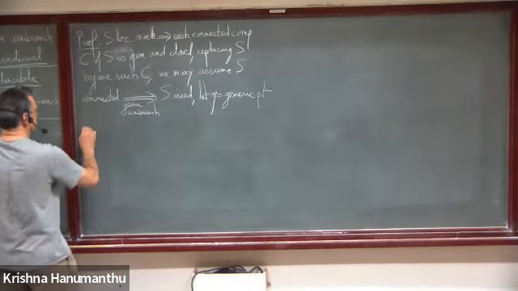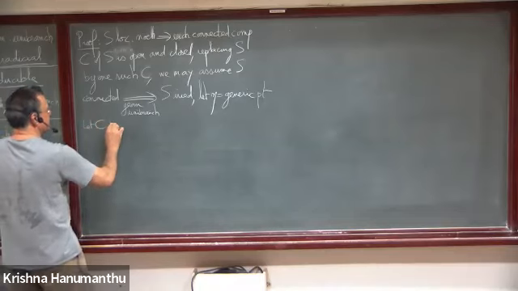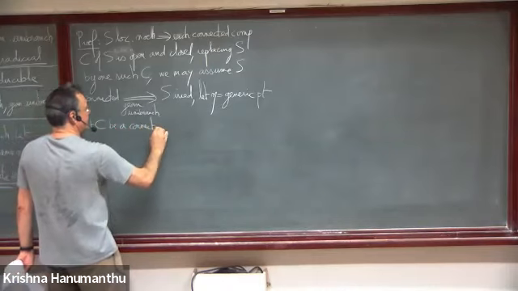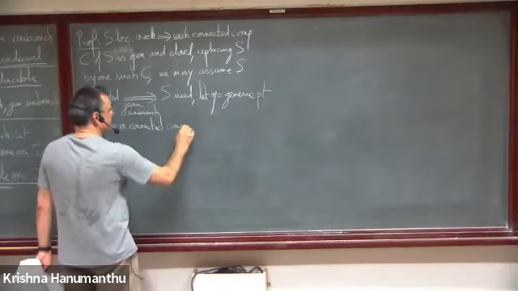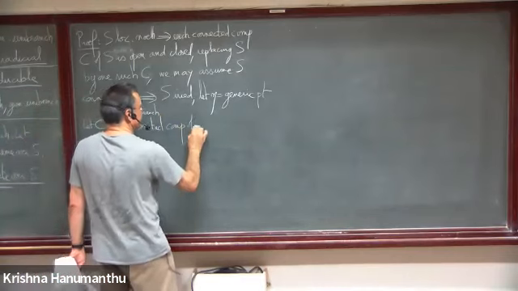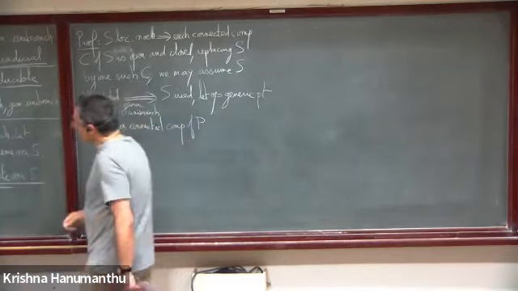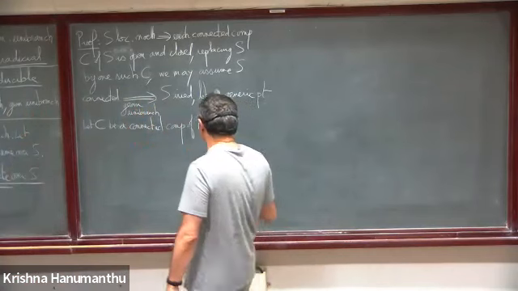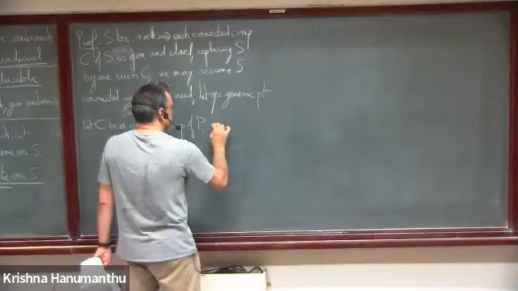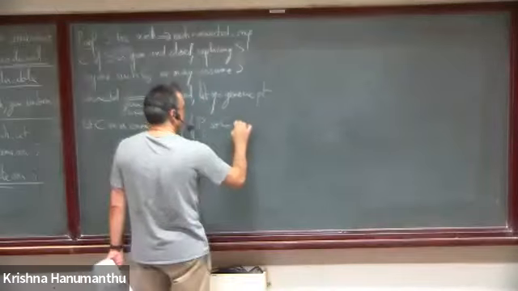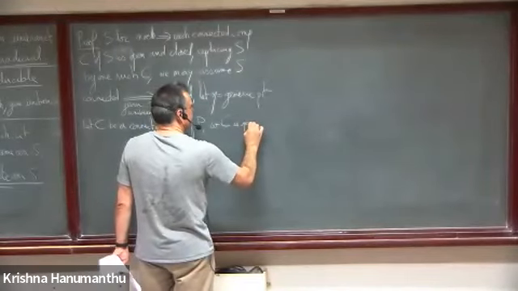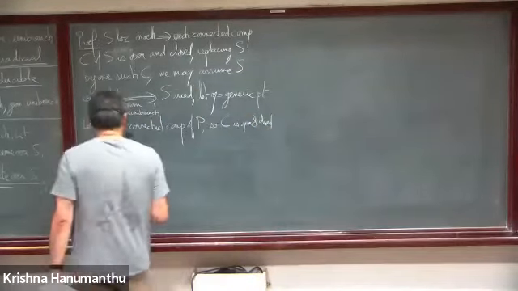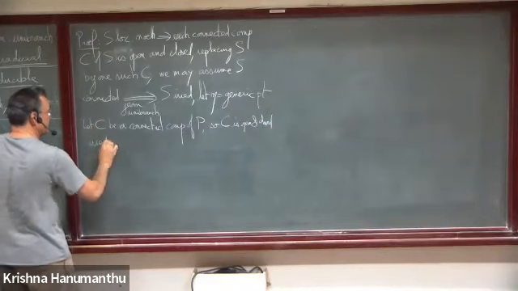Now let C be a connected component of P. As I said, P is still locally noetherian and geometrically unibranch. So C is open and closed, and also irreducible.